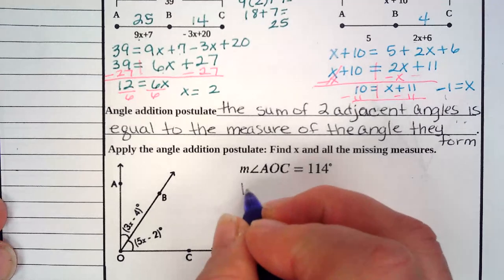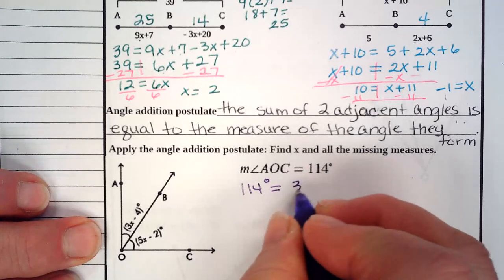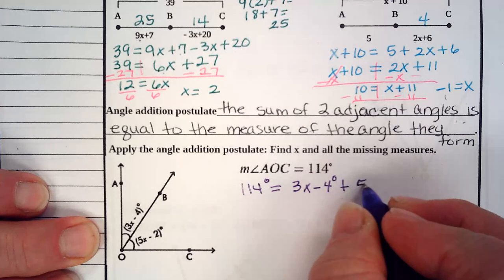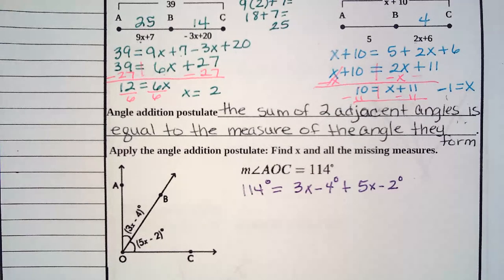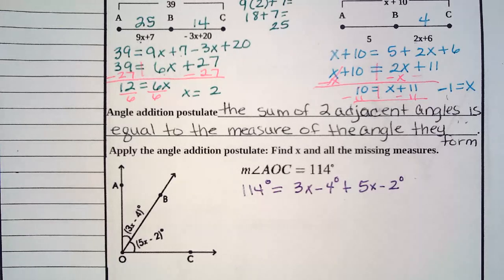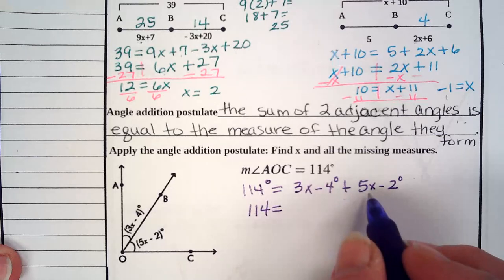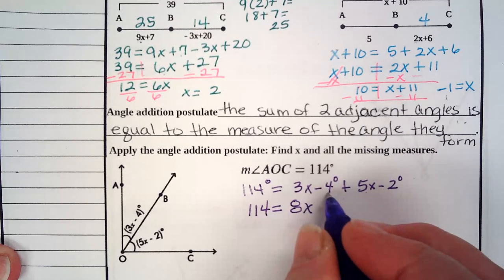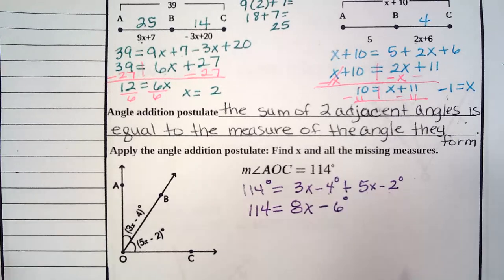So 114 degrees is equal to 3x minus 4 degrees plus 5x minus 2 degrees. 114 is equal to 3x plus 5x is 8x. Negative 4 minus 2 more is negative 6.